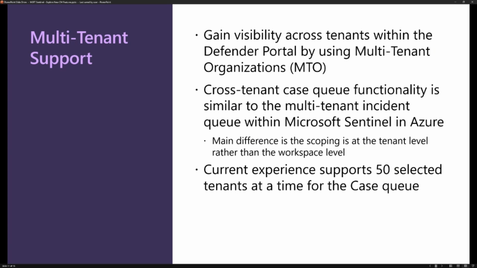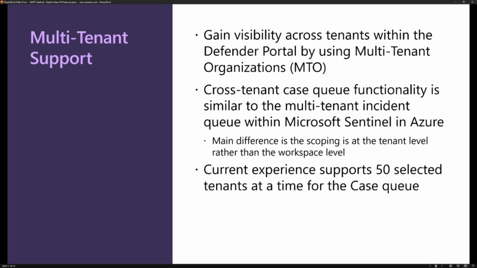one single case queue. This is great for organizations that may have subsidiaries or multiple tenants for their organization based on, say, testing, QA, production, or if other teams need their own tenant. So this allows organizations like that to consolidate all of their cases within one location for their main SOC team to operate.